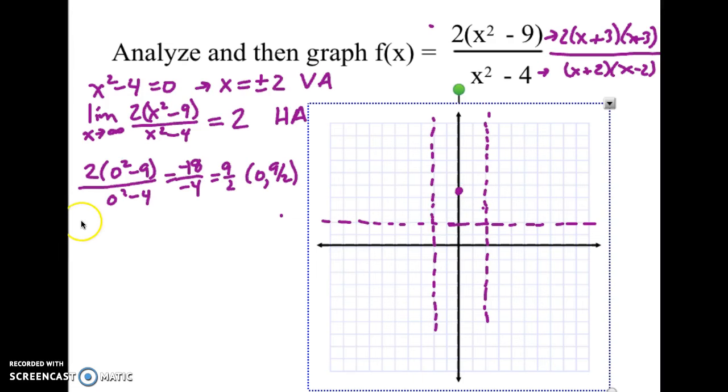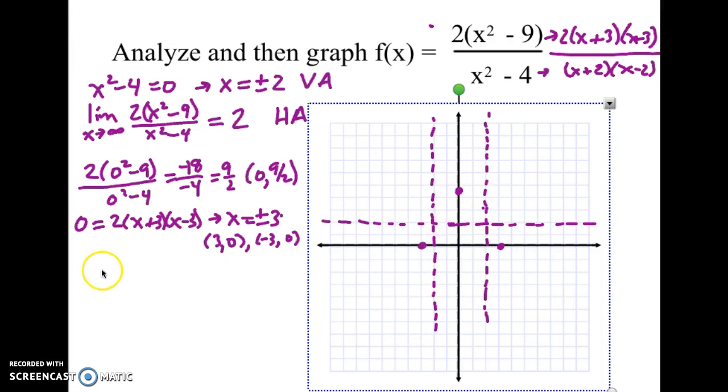To find our x-intercept, you want to set the function equal to 0. So really what we care about is what makes the top equal 0. That will equal 0 when x is 3 and negative 3. So (3, 0) and (negative 3, 0) are x-intercepts. So we know our graph's going to hit those three points and not cross these dotted lines.